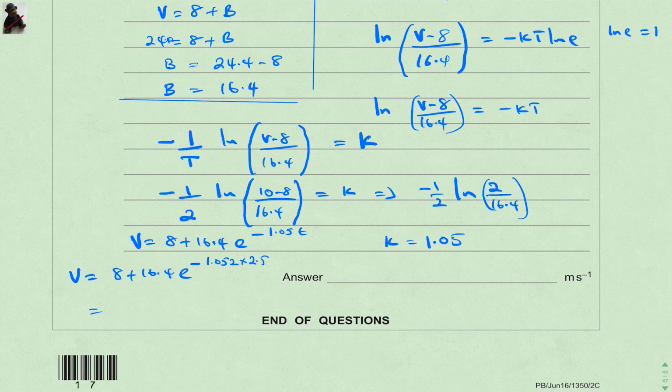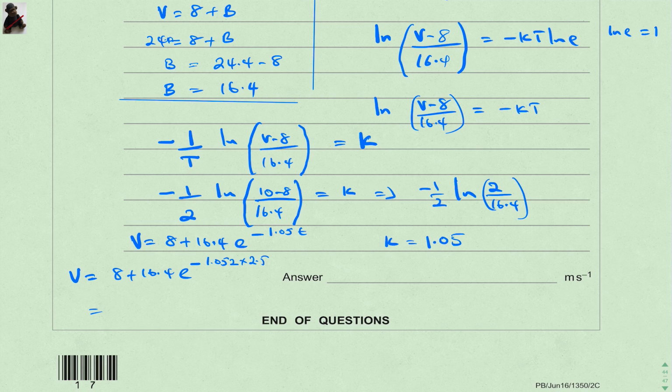Okay, so just write it properly, just do 8 plus 16.4, and then you need to do shift E, you need to put minus, and then put open bracket 1.05 times 2.5, close bracket, press enter.